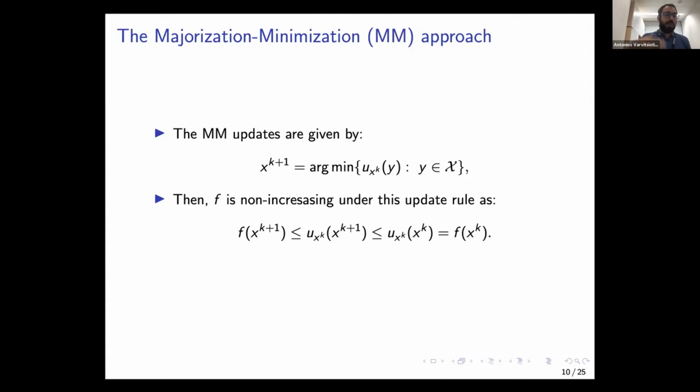Of course, to make this work there are a lot of things to consider. The auxiliary functions need to be tractable in some way to even be able to calculate x_{k+1}. Then there are also convergence issues: here we see that f is non-increasing in value, but there are issues of whether x is actually converging to a minimizer and stuff like that.